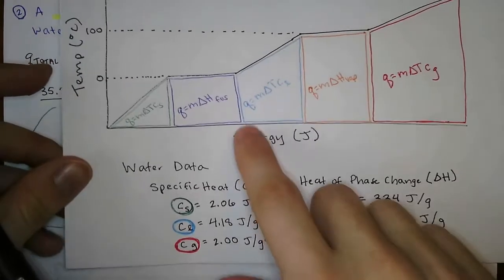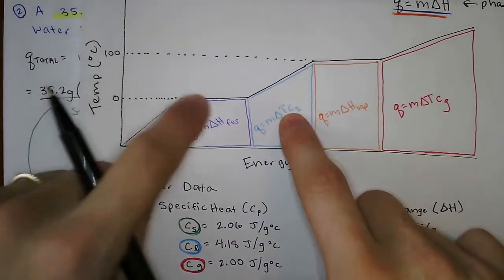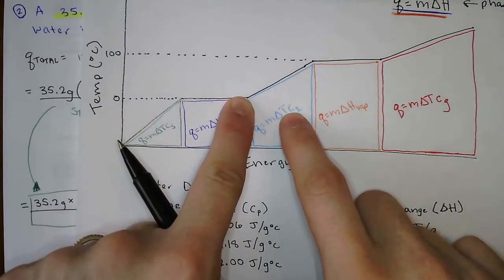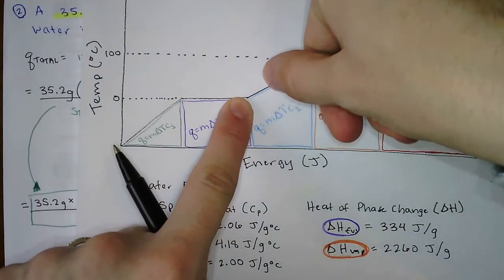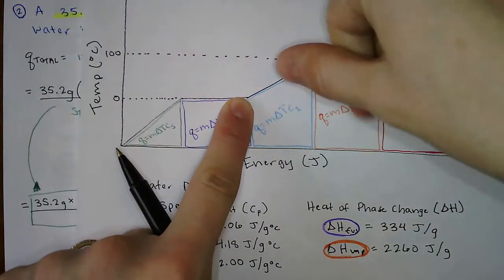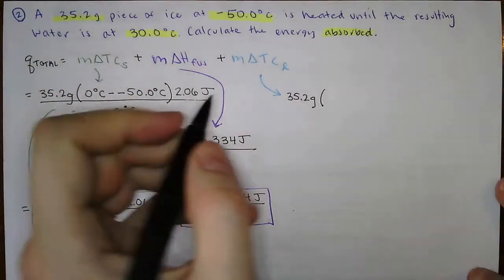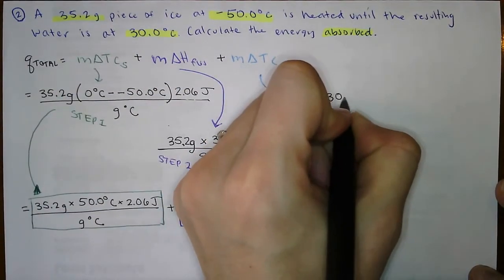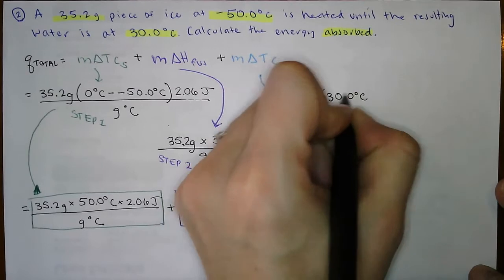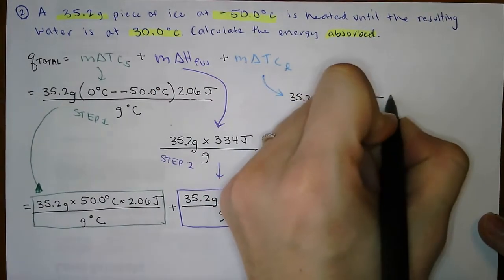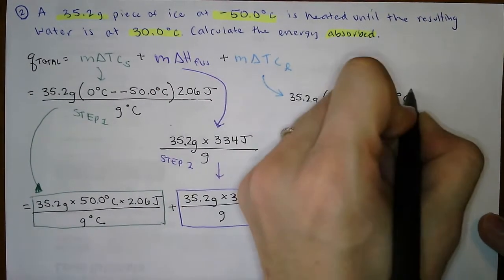So this blue portion starts at 0 degrees Celsius. That's my initial temperature. My final temperature will be the 30 degrees Celsius. So 30.0 degrees Celsius, that's where my sig figs are going to come from, minus 0 degrees Celsius.